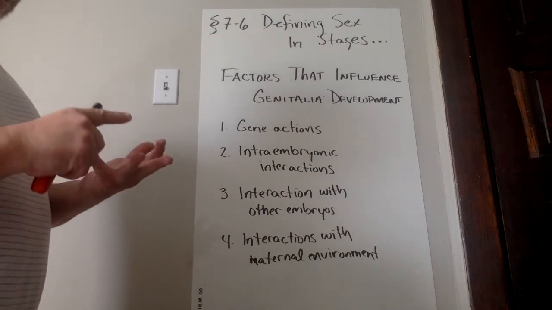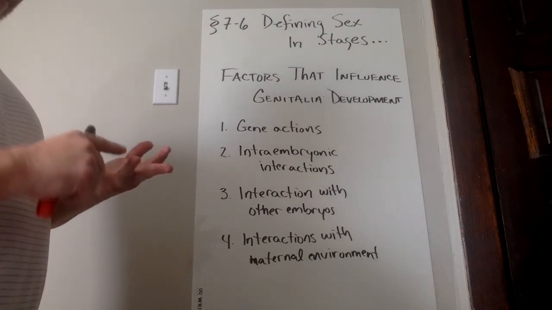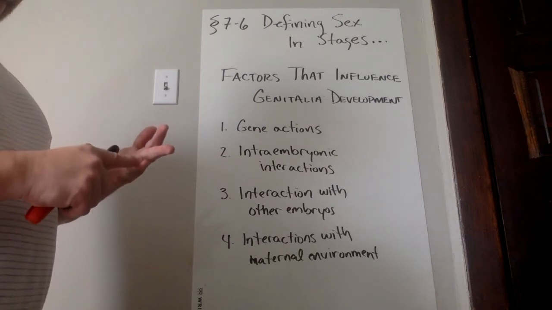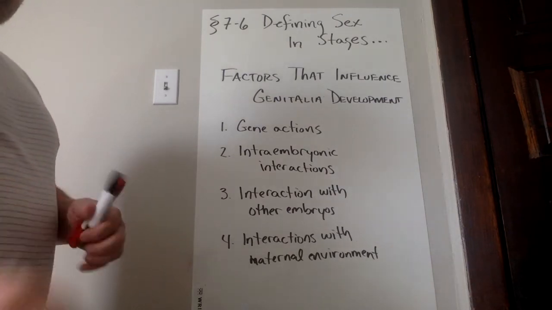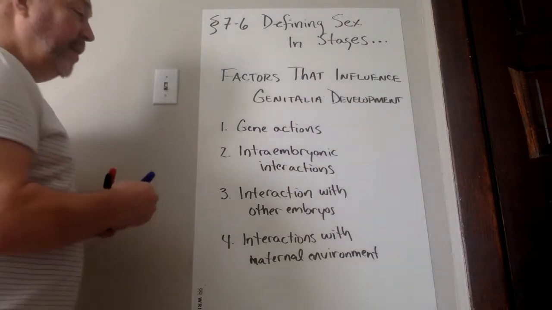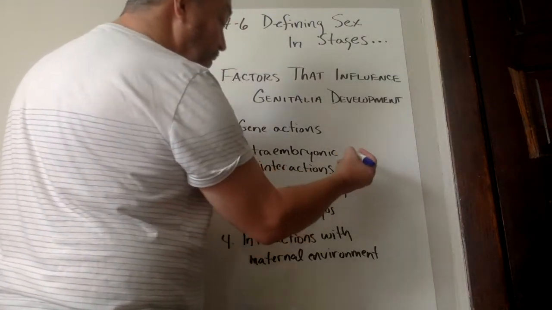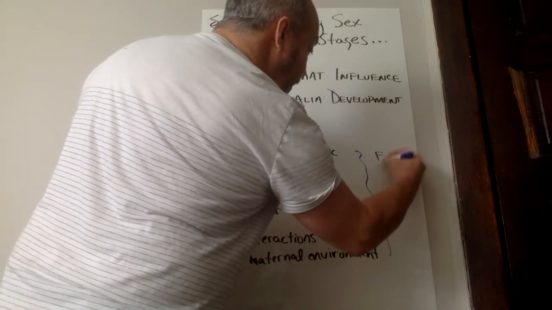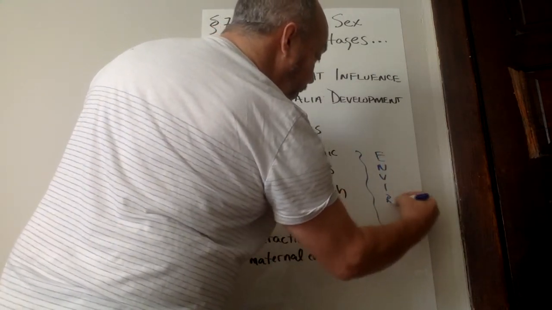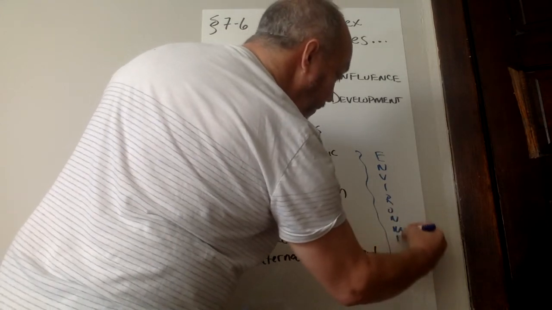Chemicals that are mutagens, even if they cause no mutations, can affect sexual development. You have fetal alcohol syndrome. So there are many things going on that can affect the development of genitalia, which we then associate with sex. These three here would all be considered environmental influences.